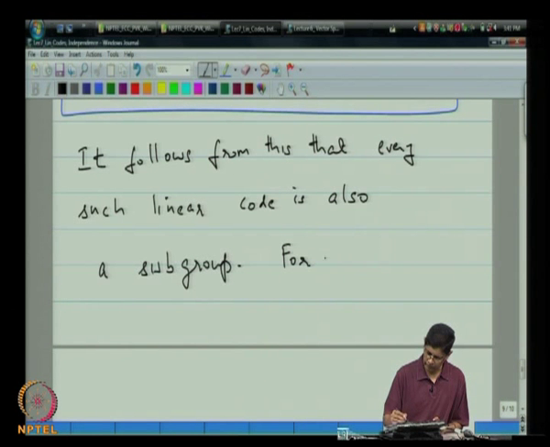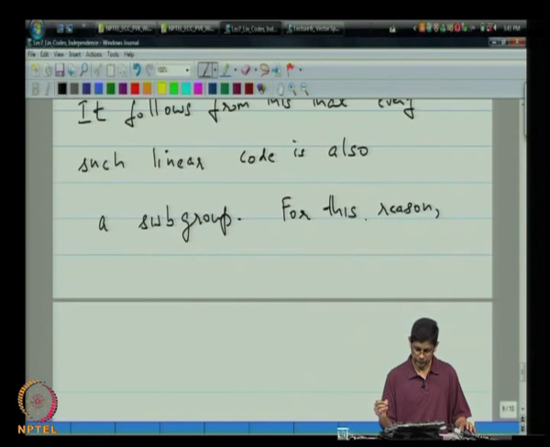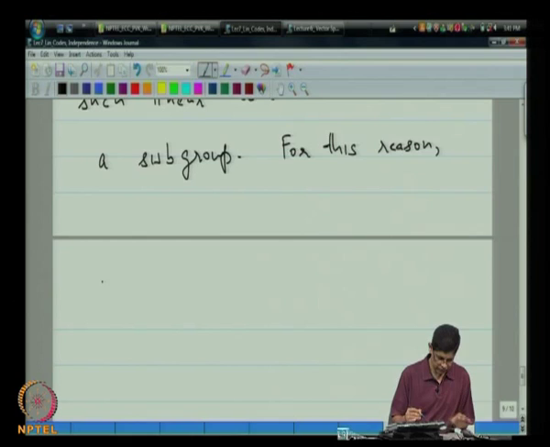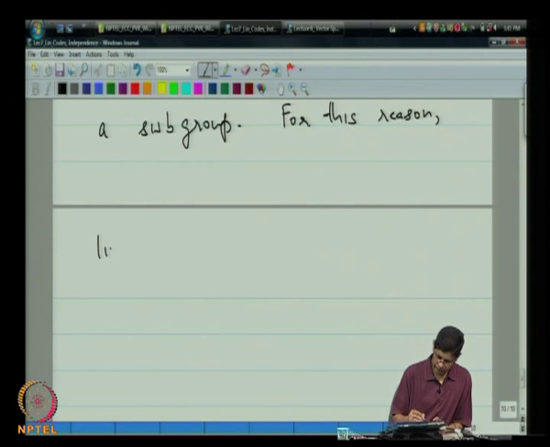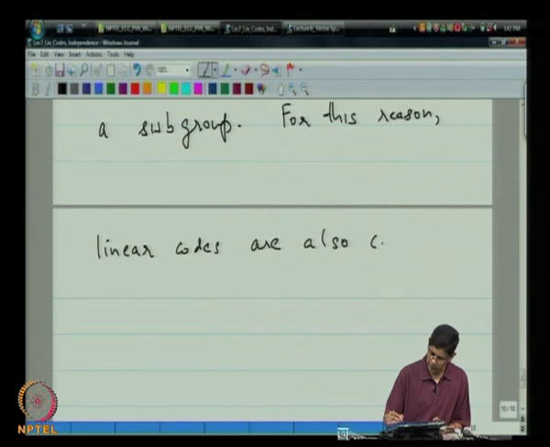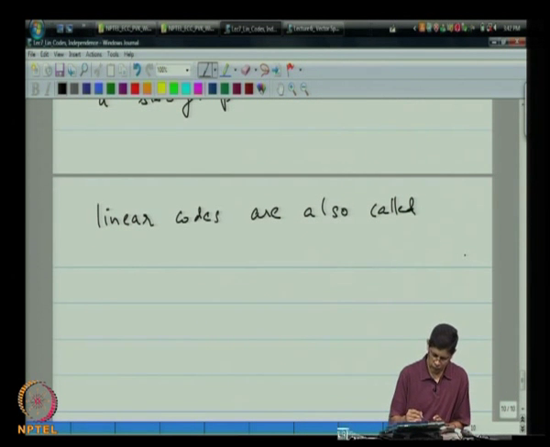For this reason, linear codes are also called group codes. Okay, so that is just a quick remark.